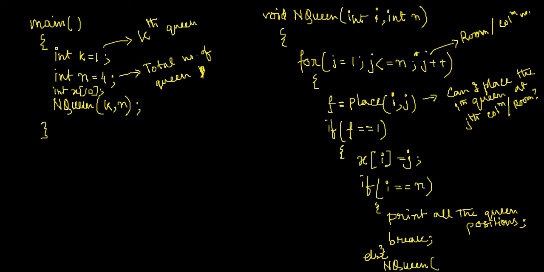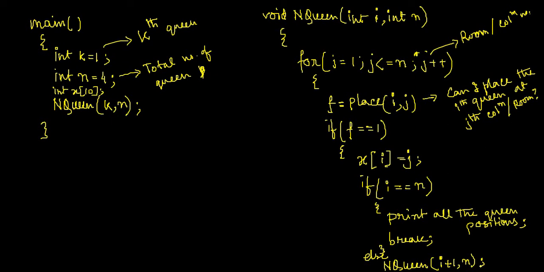From here, what parameters will I pass in this function call? I will pass i plus 1 comma n. It means I have placed the ith queen and then I am trying to find the placing of the (i plus 1)th queen.